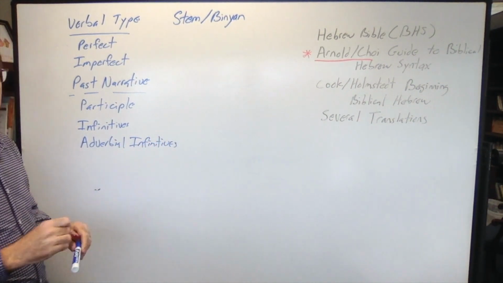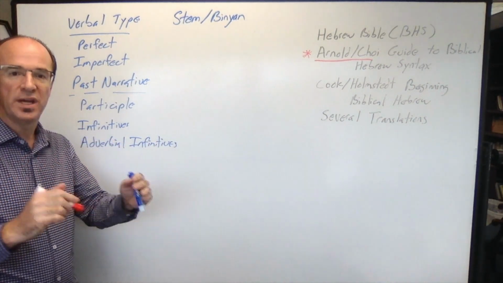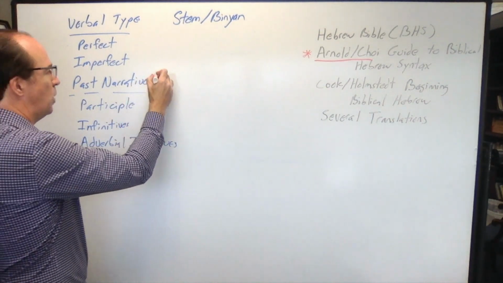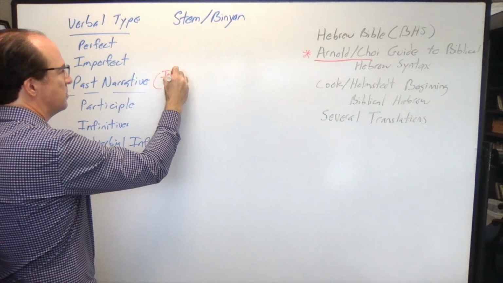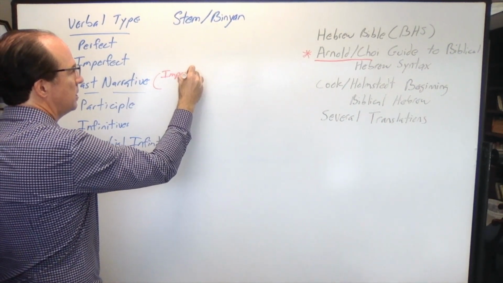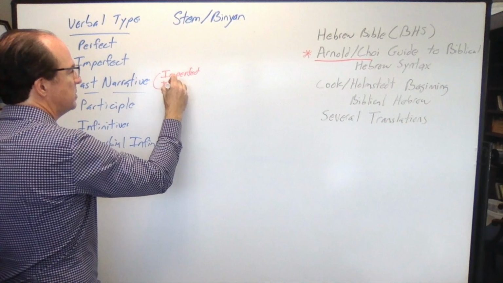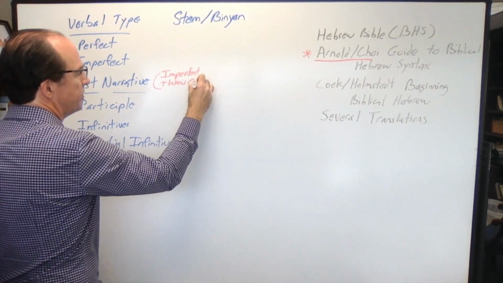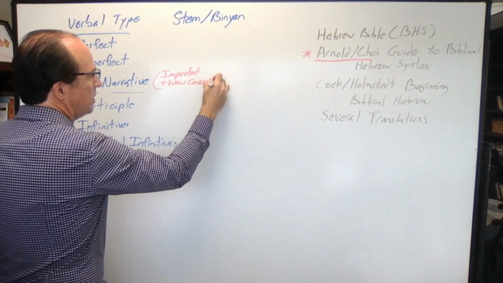This is where, again, Cook-Holmstead and Arnold Choi are different. This is one place. The past narrative is called the imperfect plus vav consecutive.